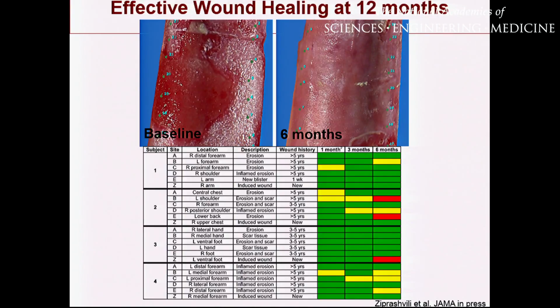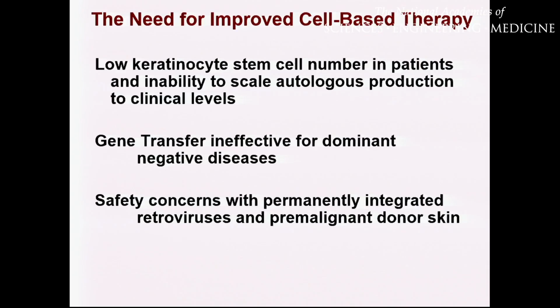So that's really exciting. But the issues then going forward are, again, going back to this issue of autologous scalability. These patients have low keratinocyte stem cell numbers because of chronic wounding, and so trying to graft the whole body or to turn them into GMP-grade facility products are challenging. Gene transfer using the Moloney retrovirus doesn't work for dominant negative diseases, and there are safety concerns of permanently integrated retroviruses.